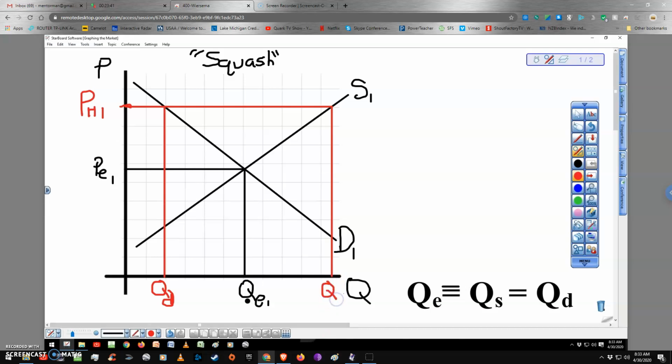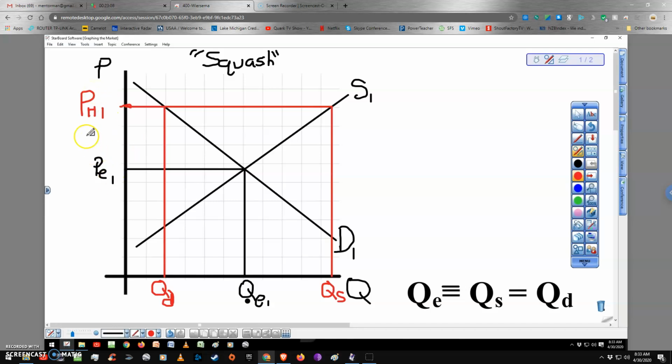And like in the Microsoft Word doc packet, you notice the gap in between here. Is this a shortage, or is this a surplus? At P high, do we have a surplus or a shortage? Recall, this corner is 0. So we go from 0 to QD. That's the quantity demanded. And from 0 to QS, that's our quantity supplied at this price.